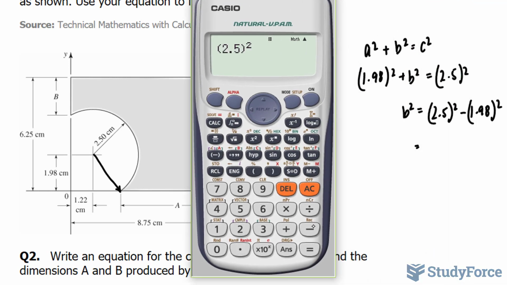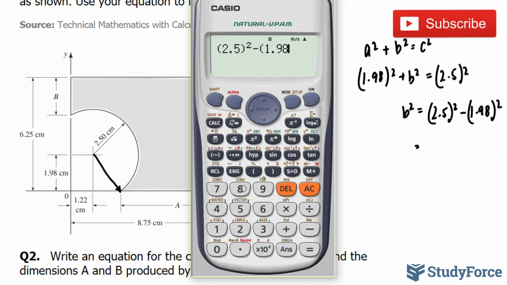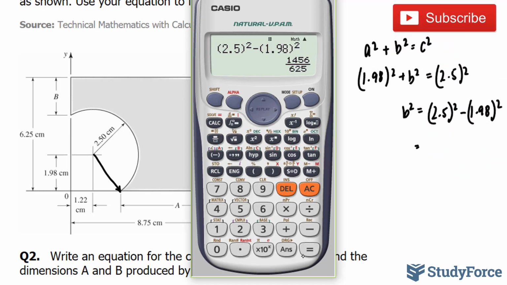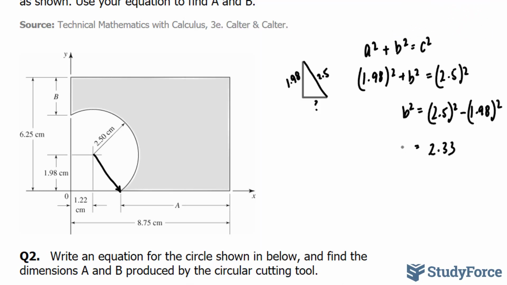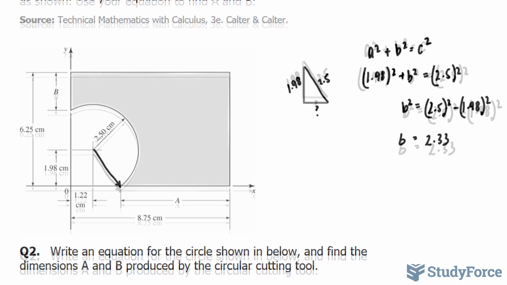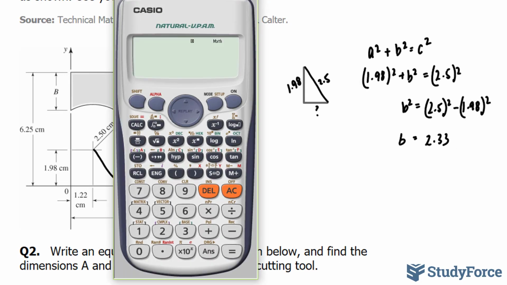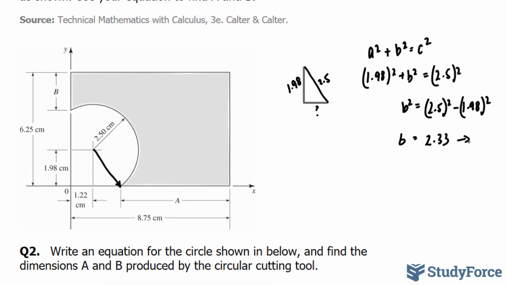2.5 to the power of 2 minus 1.98 to the power of 2 gives me 2.33. That's rounded using the correct number of significant figures. Also, don't forget to square root this number. 2.33 square rooted gives us approximately 1.526, 1.53. So we found the length from here to here.